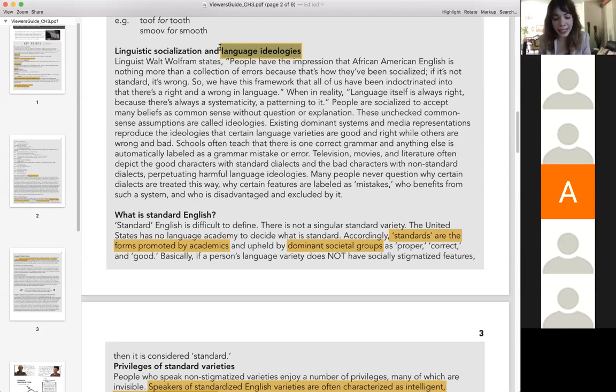So really, it's the idea that standard grammar, which is the grammar that we're all taught in schools, is actually based on the language of this select community or group. It's not based on the language of the working class. It's not based on the language of the linguistic minorities. It's based on the language of the privileged, of the elite, of the academic, okay?